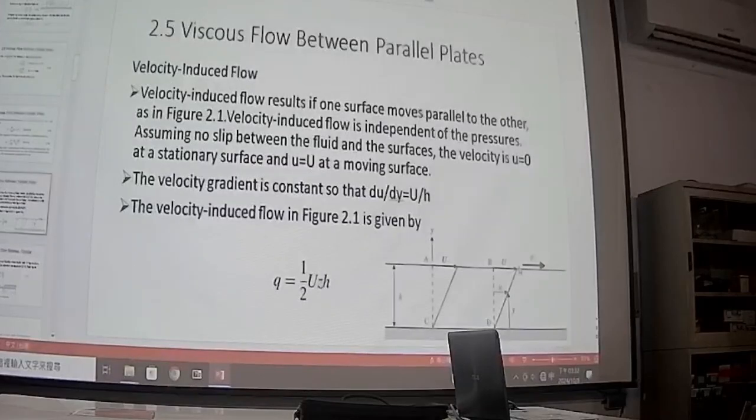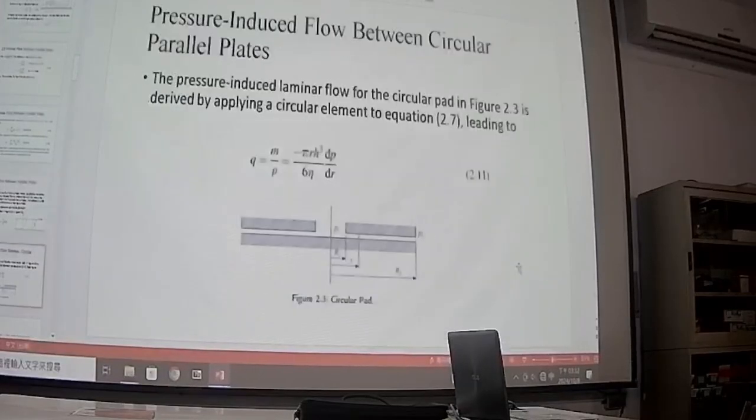And this one is the volume flow rate. Okay. For mass flow rate, usually we use m dot, but in this textbook m is used for mass flow rate. Okay. So mass flow rate equals the volume flow rate multiplied by the density of the fluid.